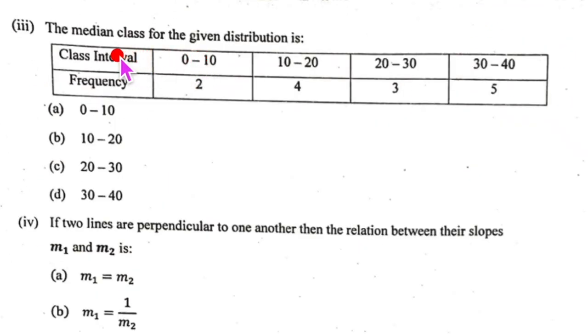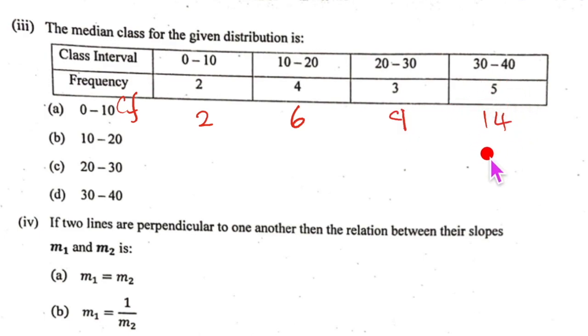The third one: the median class of the given distribution. Now you have 0 to 10, 10 to 20, 20 to 30 and 30 to 40 with these frequencies. So you will have to write cumulative frequencies, which will be 2, 6, 9 and 14.